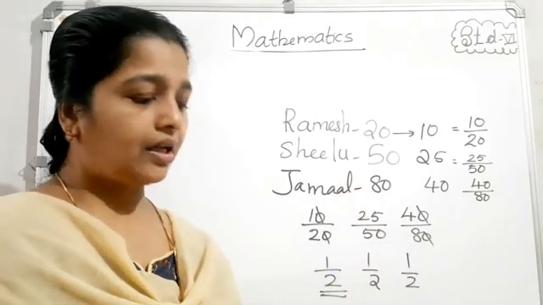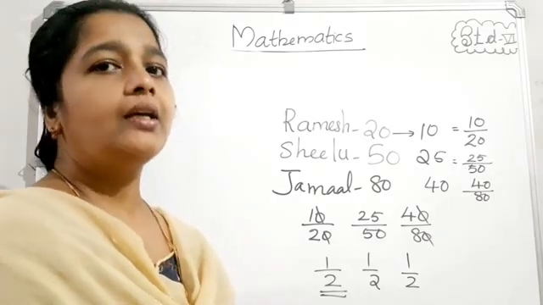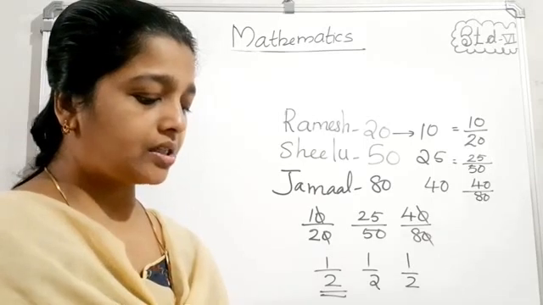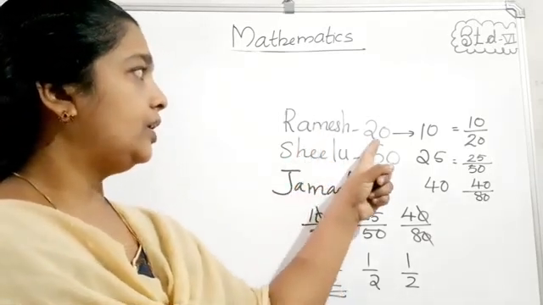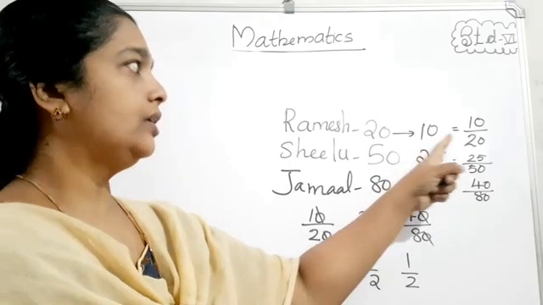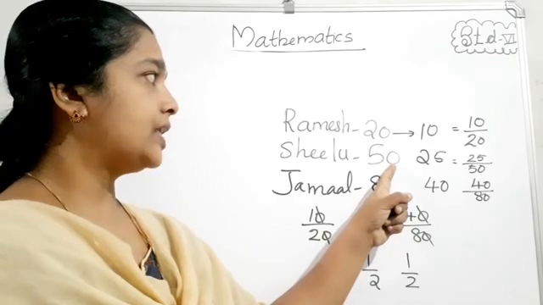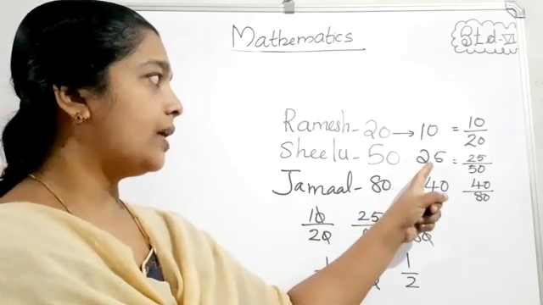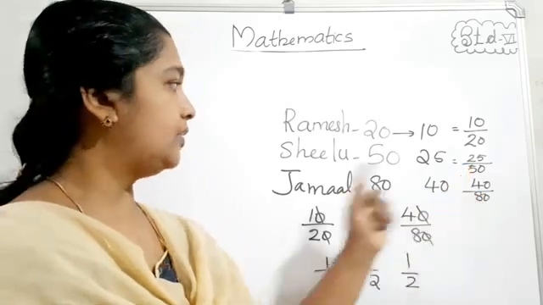Then, in the exercise, the first question you want to write in the textbook only. You must write this question in the notebook. So, Ramesh 20, used up 10, therefore 10 by 20. Sheelu, total number of pencils 50, he used up 25 pencils. The required fraction is 25 by 50.